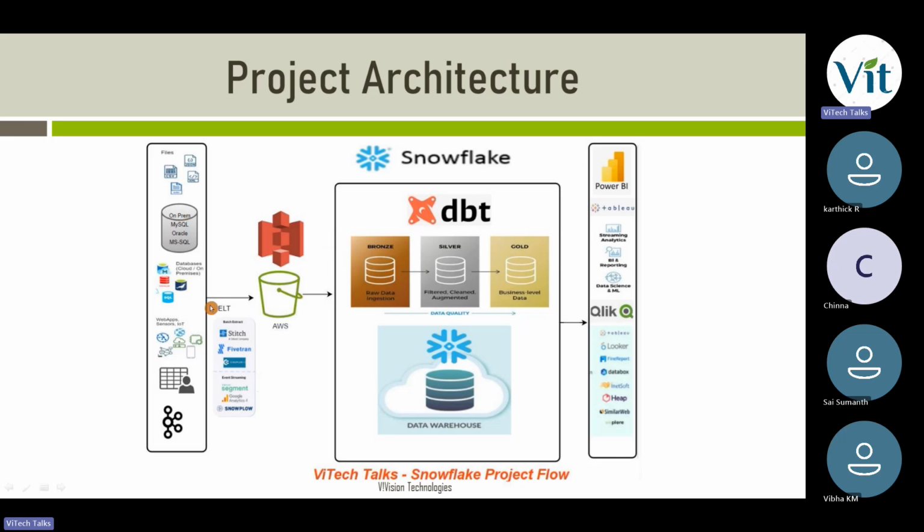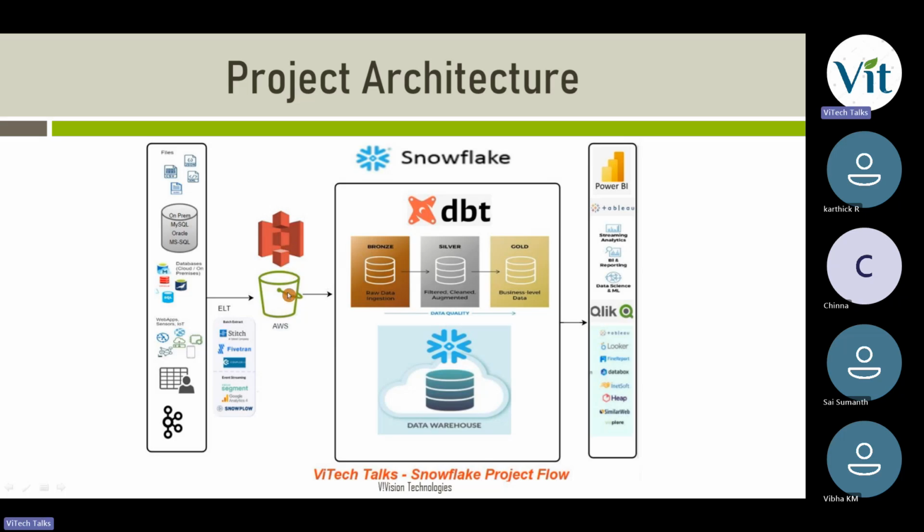So this is the project flow which we are going to discuss. Here we have databases, from these databases, MySQL or Oracle or sensors. From here, we are going to take the data and keep it in AWS by using ELT tools or ETL tools.